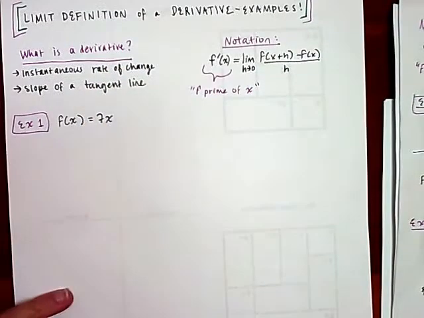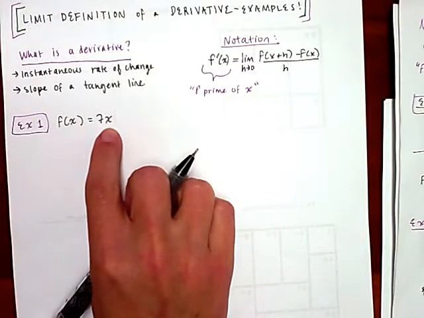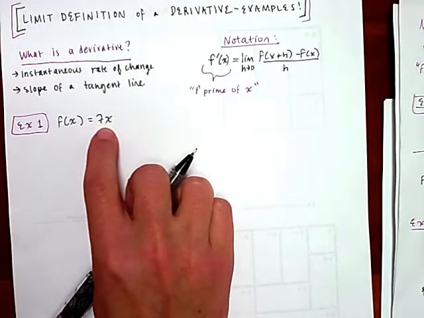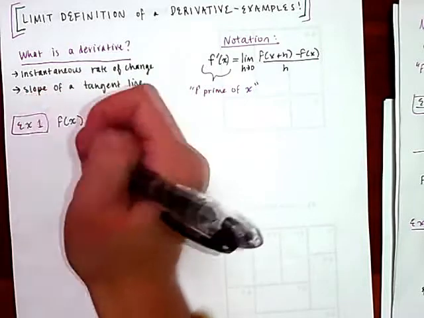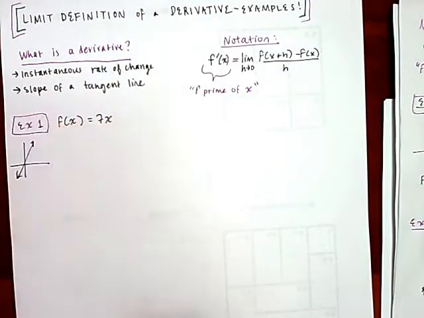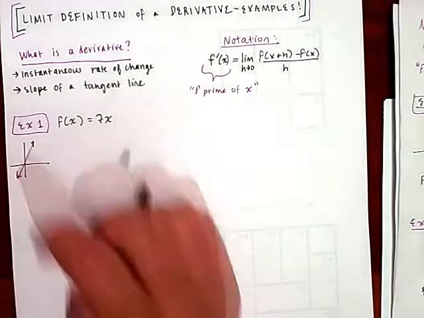I say this is a trivial example because I don't actually need the limit definition to know the slope of the tangent, because 7x is a linear function, right? I know graphically it has a y-intercept of 0 and a slope of 7, so it looks something like that.